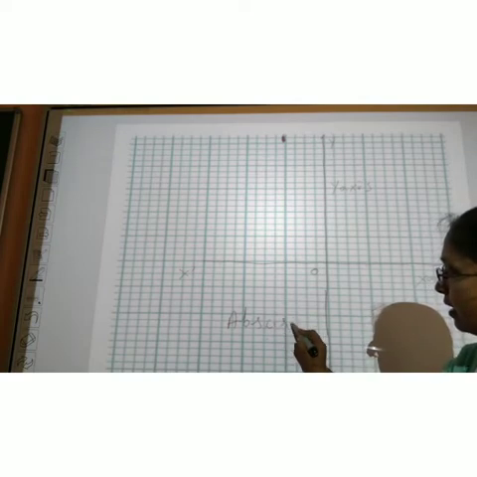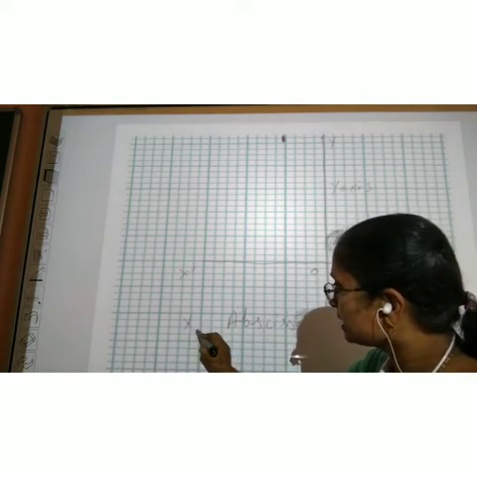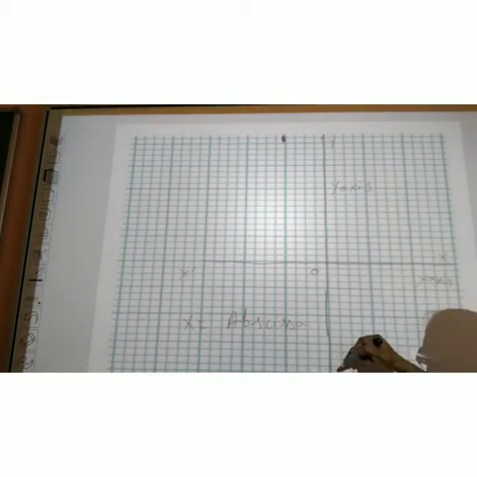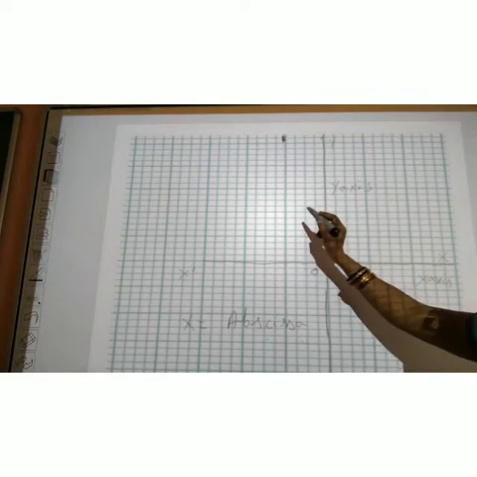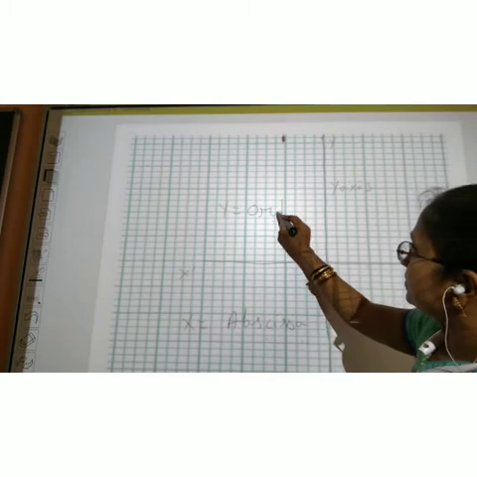It is the value of the x-axis. And whatever value is taken on the y-axis is known as the y-coordinate, or it is known as the ordinate. What is it known as? The y-axis value is known as the ordinate.